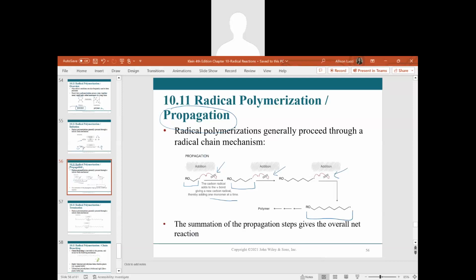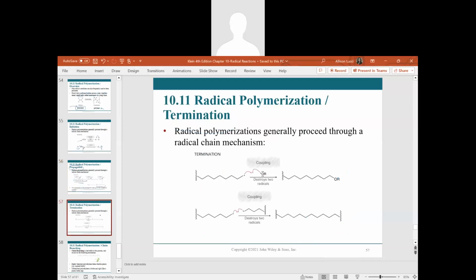So this radical chain continues along, and this is the net reaction here, the summation of the propagation steps. So overall, we'll have this polymer formation, and then eventually we will reach the termination stages. And with the polymer, it's no different.